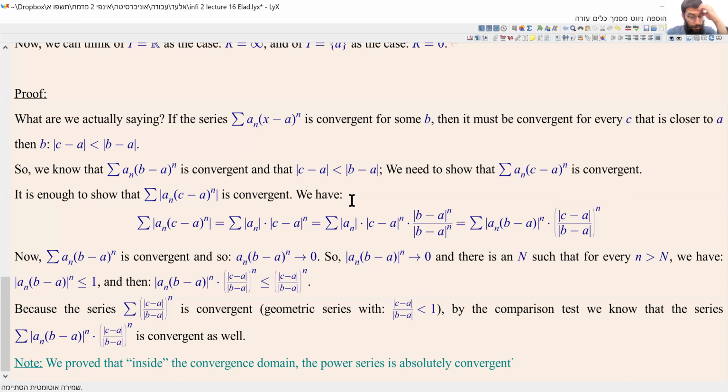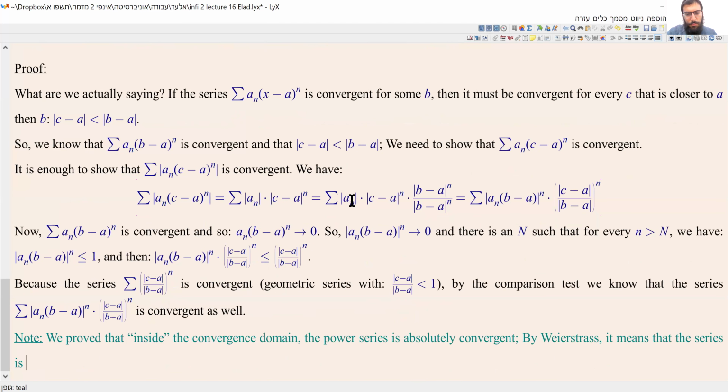As we mentioned last week by our friend Weierstrass, it means that the series is uniformly convergent.